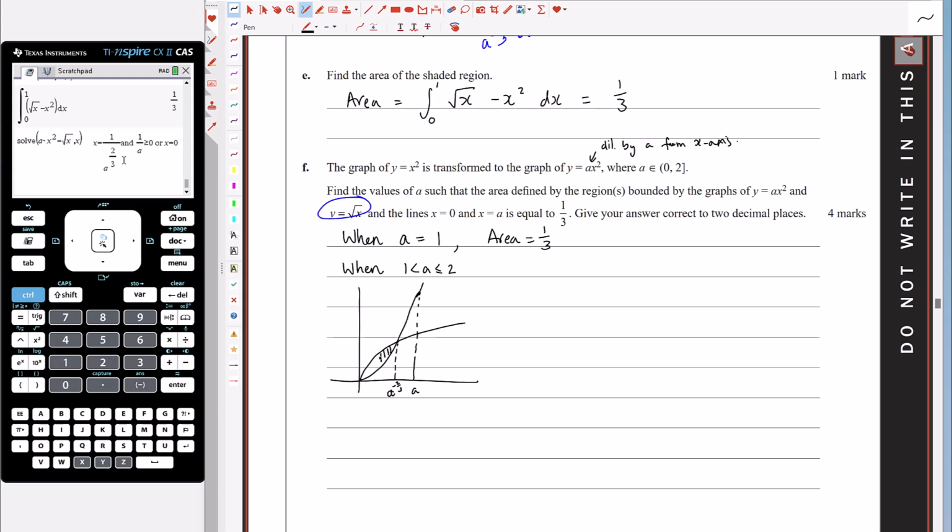And so the area is going to be the integral from 0 to a to the negative 2/3 of, this was the square root of x, minus ax squared.